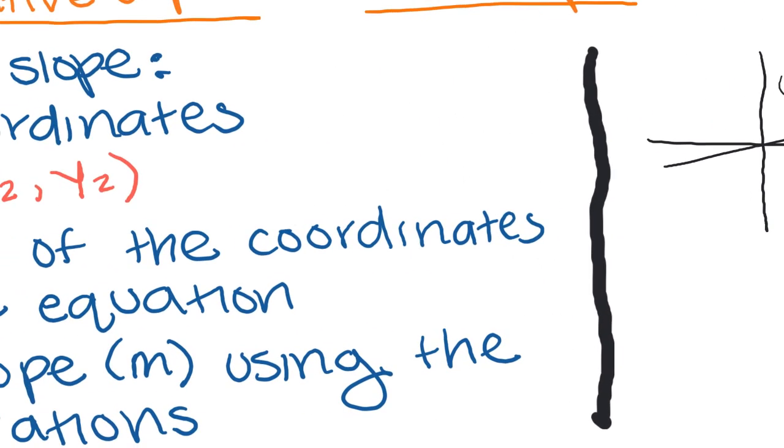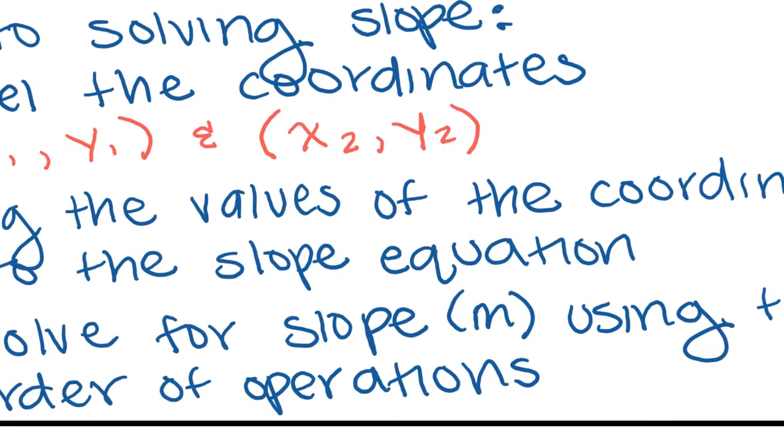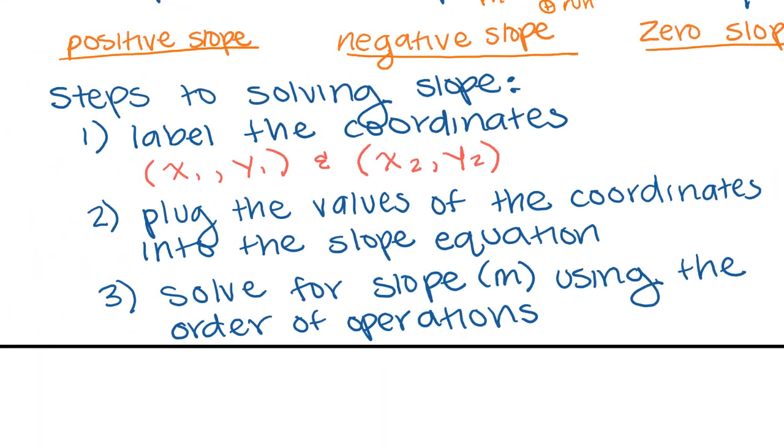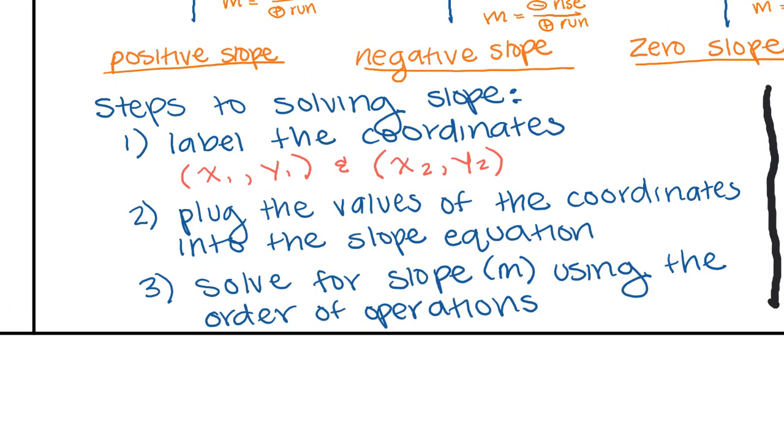Okay, let's move to step number 2. I'll zoom out a little bit so y'all can see step number 2. Step number 2 is to plug the values of the coordinates into the slope equation.